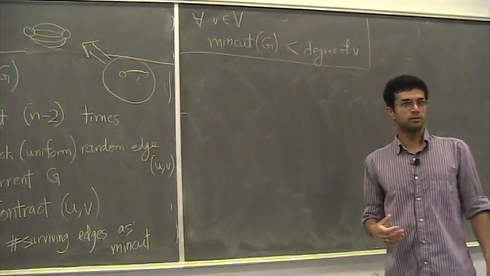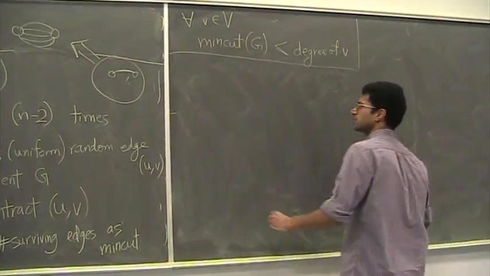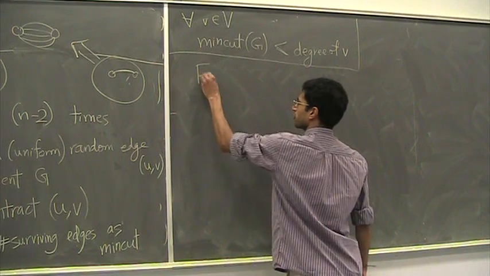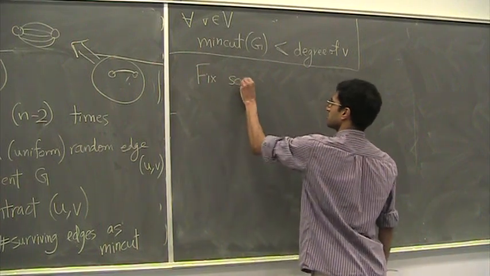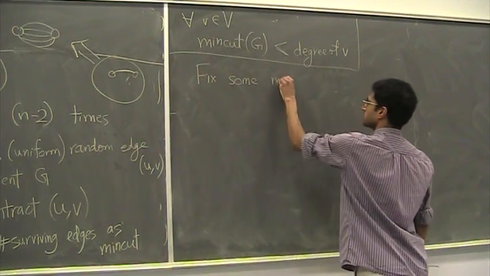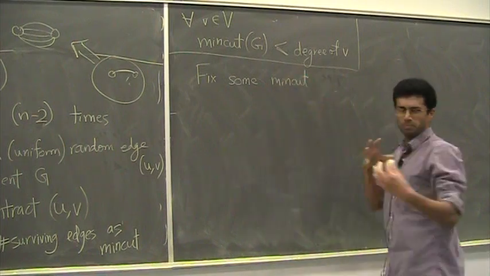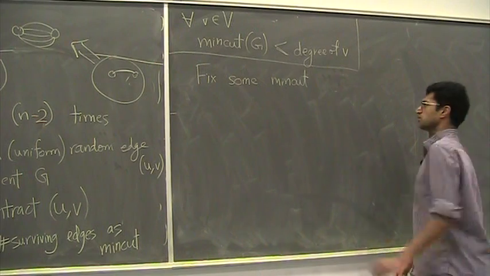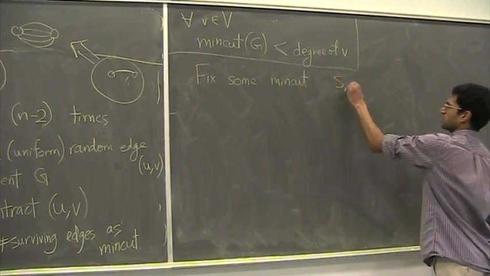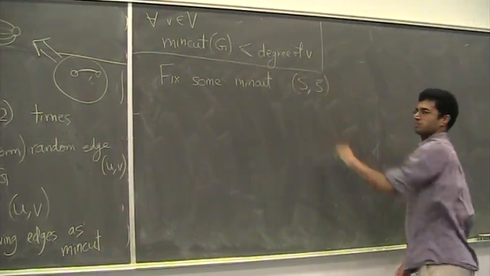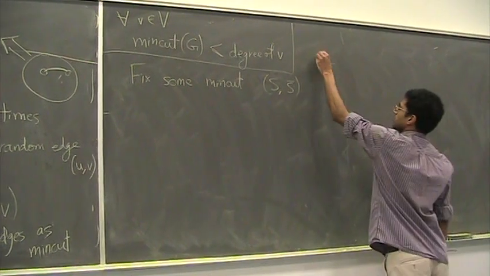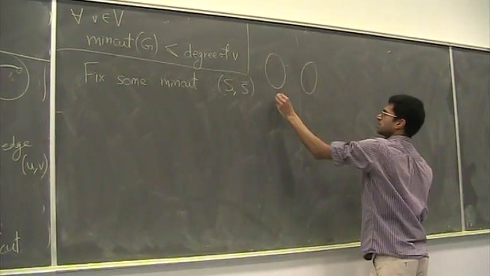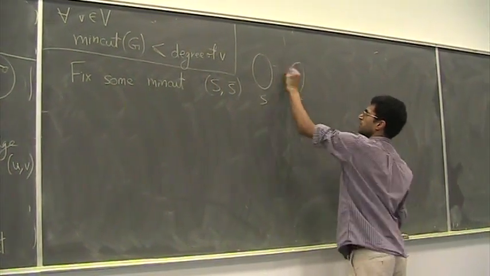So let's define some events. Let's first fix some Mincut. There could be multiple Mincuts, so just fix some Mincut. Maybe that's the cut S, S complement.